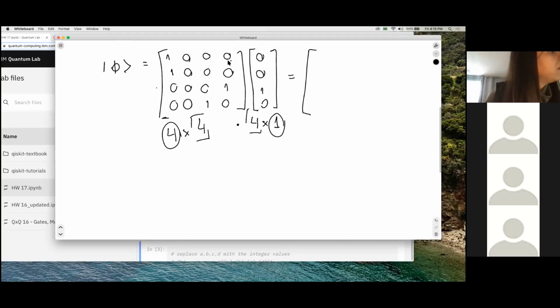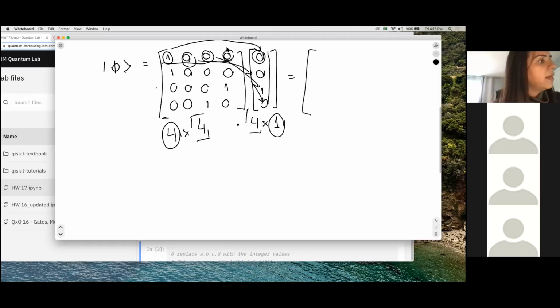We're going to have this entire line multiplied by this column. We go item by item. You multiply 0, 1 by 0. Then you add 0 multiplied by 0. Then you add 0 multiplied by 1, 0 multiplied by 0.